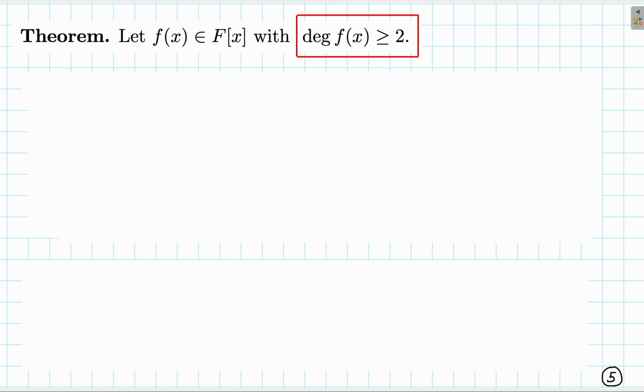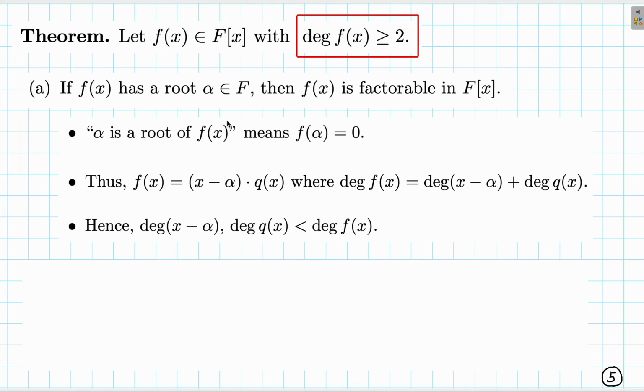Next, let's consider polynomials of degree greater than or equal to 2. Now, this theorem has two parts, and here's the first part. If f(x) has a root alpha, then f(x) is factorable in the polynomial ring. Recall from the classwork that alpha is a root of f(x) means f(alpha) is 0.